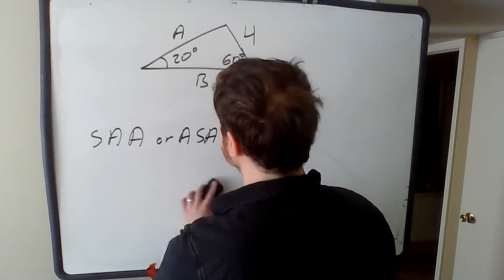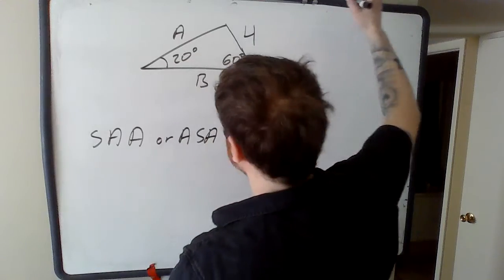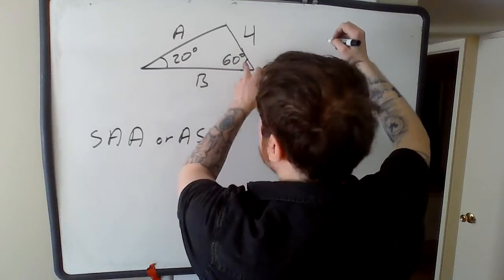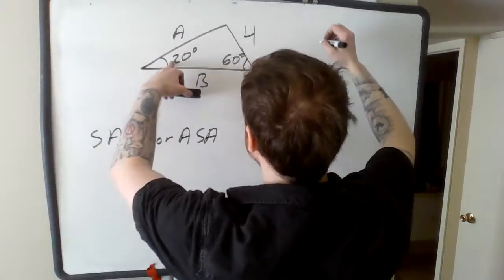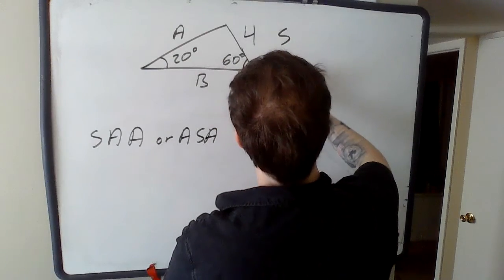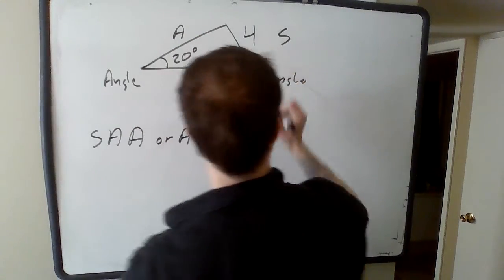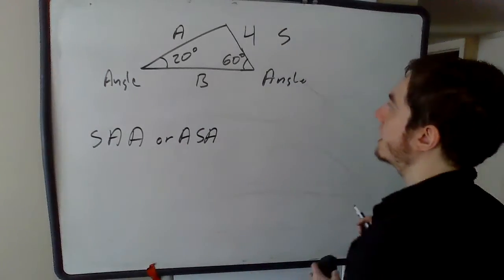Well, the way that we can deal with this is, first of all, notice that what is given to me is a side, the angle next to it, and then another angle. So this is side angle angle in terms of the measurements that are given to me.